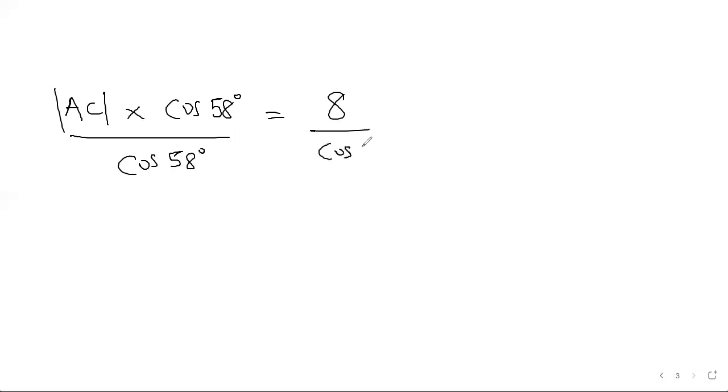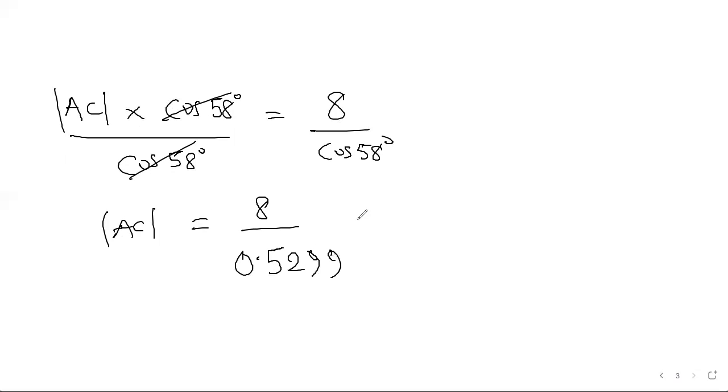So that gives me 8 divided by cos 58. So cos 58 is 0.5299. And that gives me approximately 15.1. So that's that.